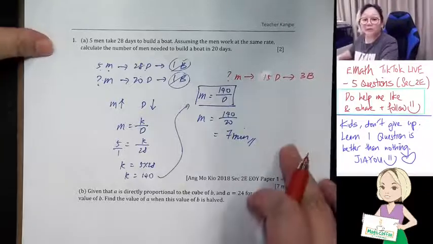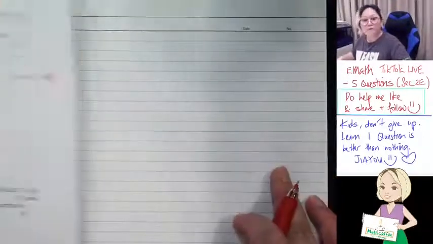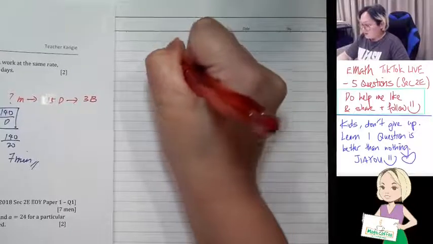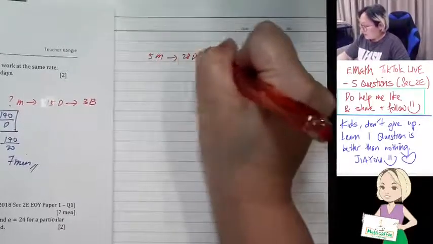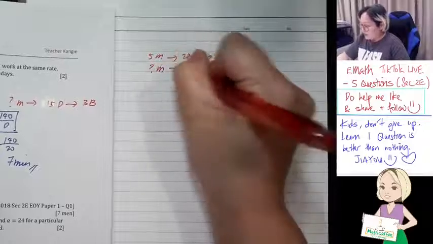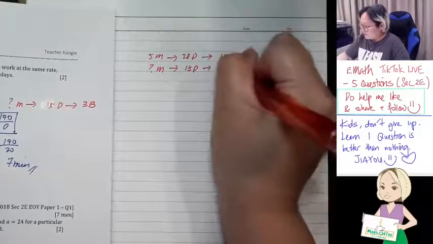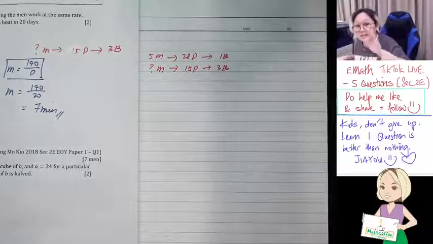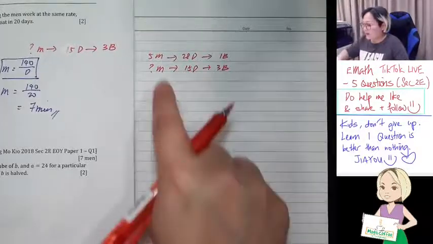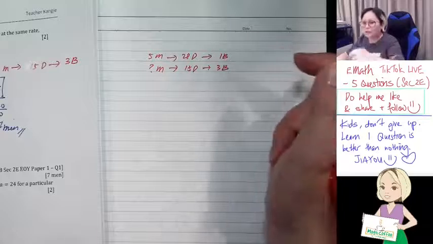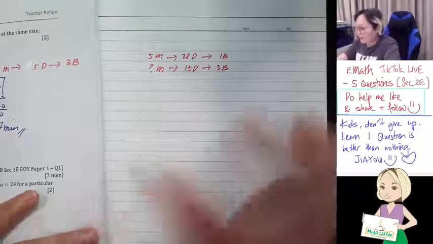I don't have space, so I do it behind. Now I have 5 men, 28 days, 1 boat. Then they ask question mark men, 15 days, 3 boats. So I changed the question a bit. This is 3 variables. It means that I have M, I have D, I have B. So in this situation, it's 3 variables. Okay, so this is how I do it.